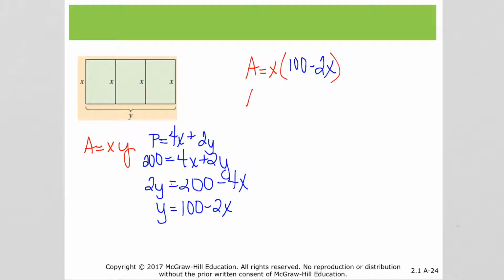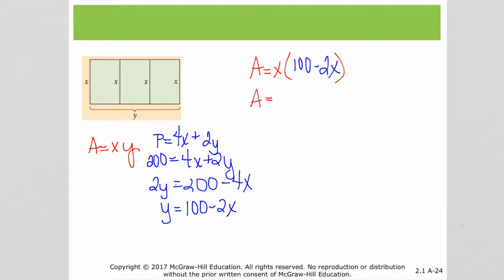What good is this doing us? Well, we now have a quadratic function, the equation for a quadratic function that can help us find what we need. We want the maximum area, okay? So we're going to be looking for the vertex again.